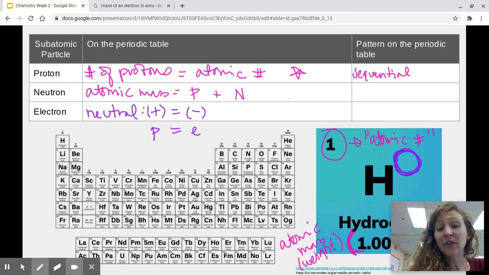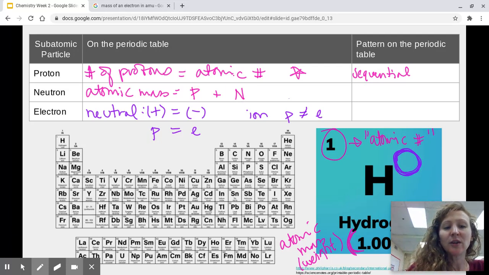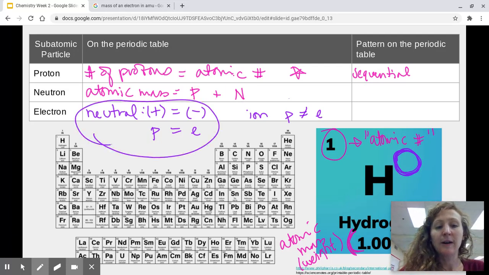Now, if you have an ion, that's going to change because the protons are not going to be equal to the electrons. And when we get to ions, we'll talk about how to figure out the number of electrons at that point in time. So for now, you just need to know this part. For a neutral element, the number of protons is also the number of electrons.